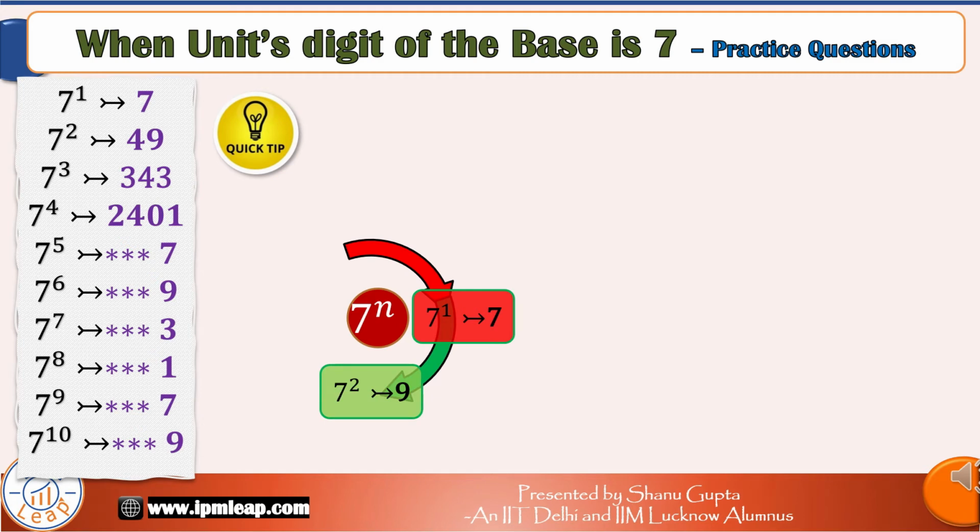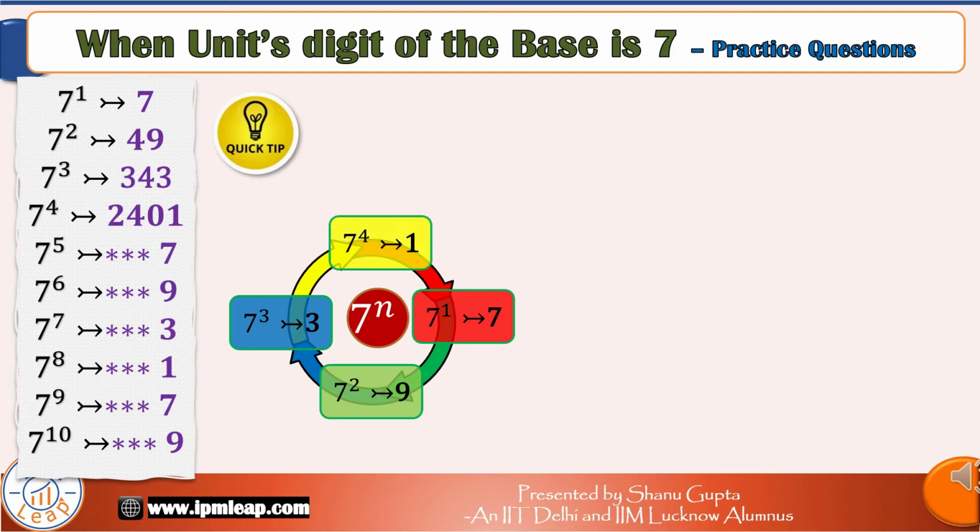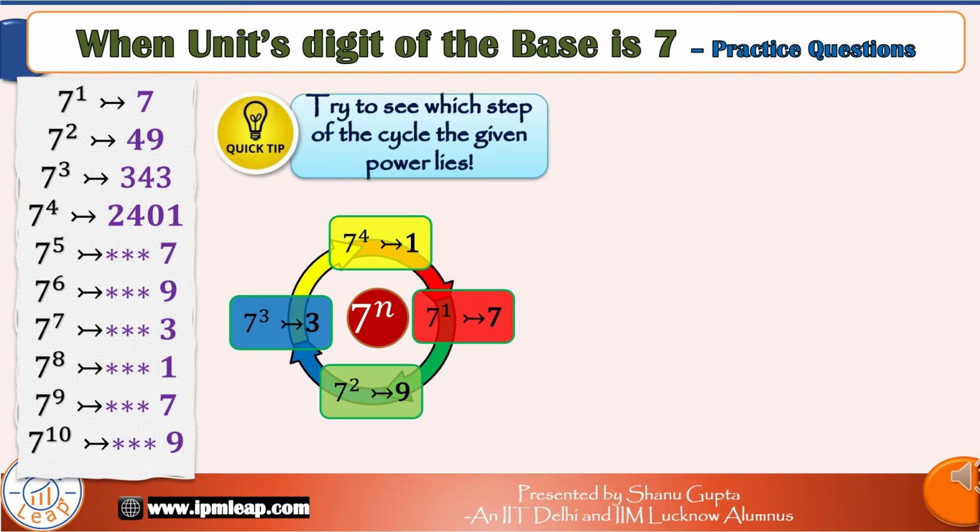At the third step, the units digit will be same as that of 7 raised power 3, which is the same as that of 9 into 7, so 3. And at the fourth step, the units digit will be same as that of 7 raised power 4, which is the same as that of 3 into 7, so 1. And again, we must remember that the fourth step of this cycle is when the power is a multiple of 4 and is exactly divisible by 4.